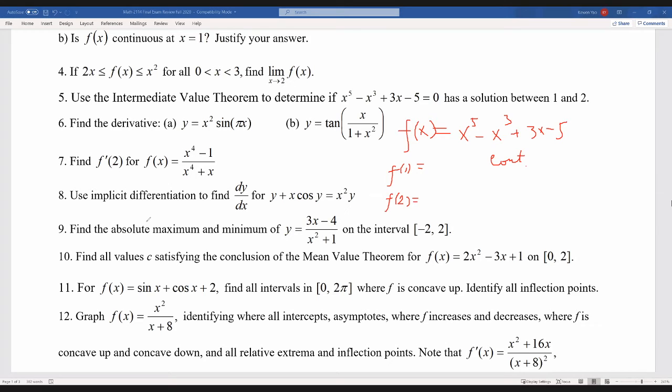What's the value? -2. Thank you very much. Right? Because 1 minus 1 cancels out, so 3 minus 5 is -2. Yes, good. Now what's f(2)? Put 2 inside. Evaluate these. Everybody put 2 inside.